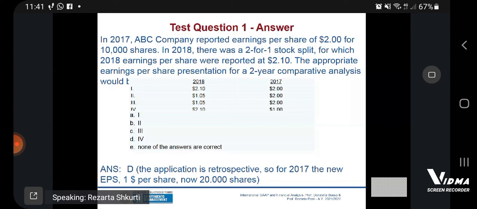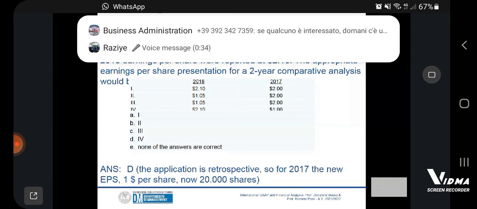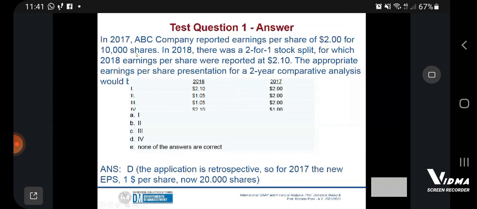And the inverse of this bonus fraction, which is 2 to 1, would be applied to restate the earnings per share for the previous period. We used to have $2 per share reported in the previous period. If we multiply that with the inverse, which is 1 to 2, we would have a figure of earnings per share equal to $1 over here.